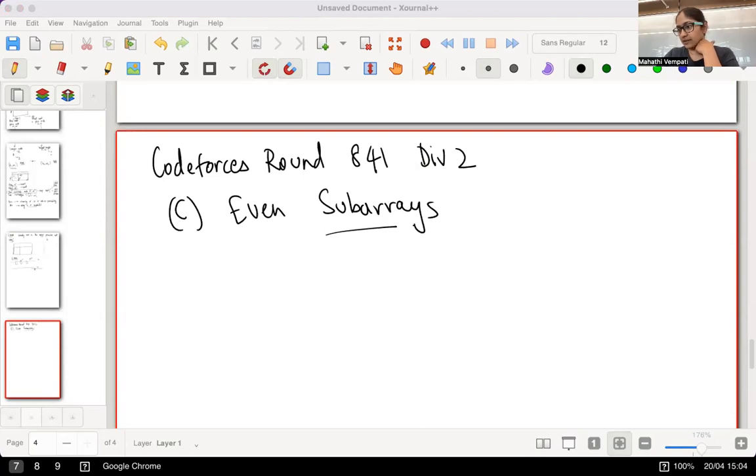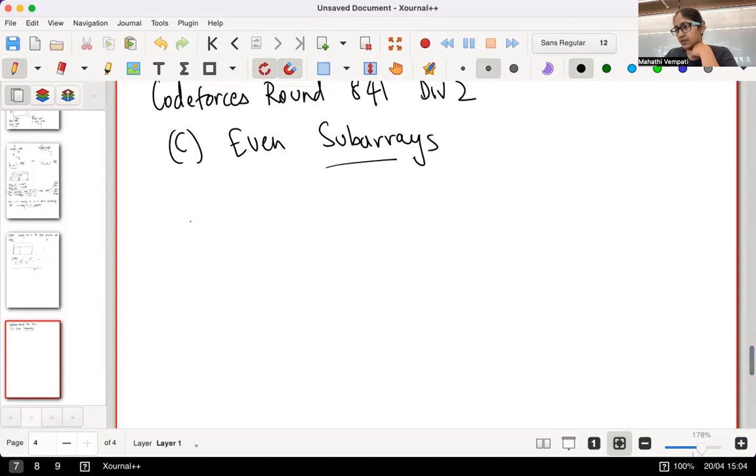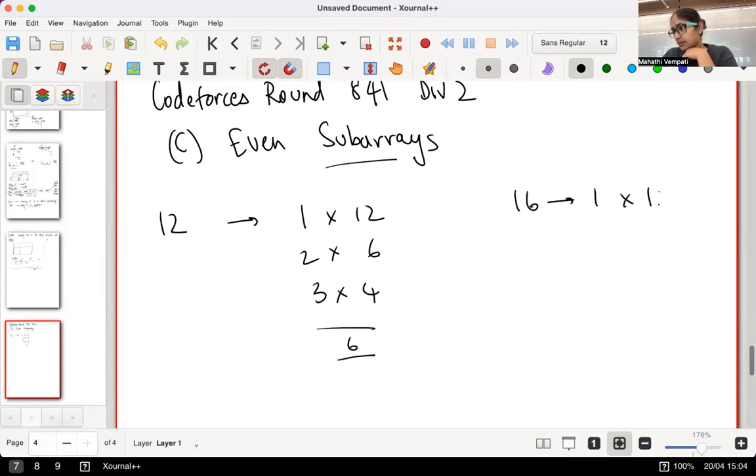So the first thing is the numbers which have an even number of divisors. If you take the number 12, for example, 1 times 12, 2 times 6, 3 times 4, right? It has 6 divisors. If you take the number 16, 1 times 16, 2 times 8, 4 times 4, it has 5 divisors.